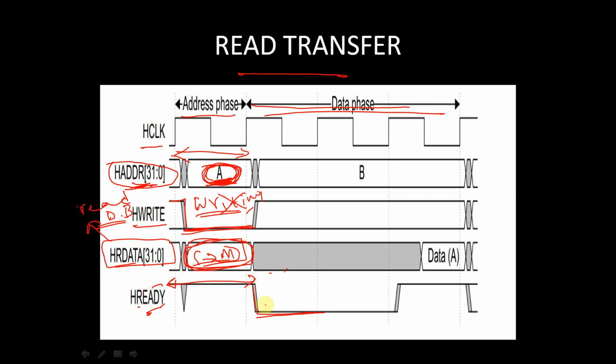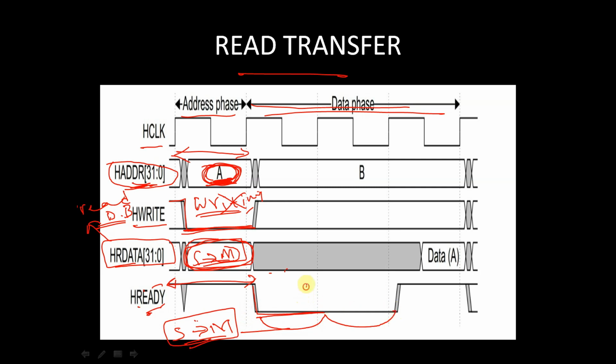So HREADY is 0, so the slave is busy and it is not interested in transferring any data to the master. So the master cannot read any data from the slave during this region when HREADY is low.